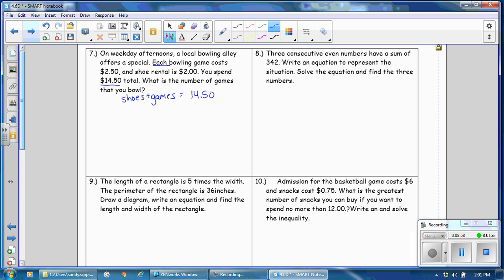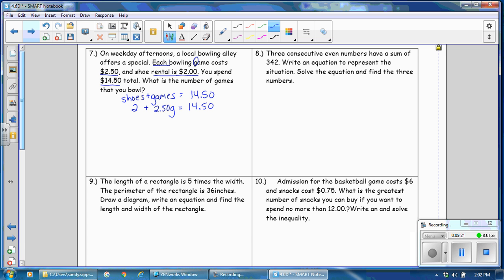Each game costs $2.50, but you don't know how many games you played. So let's use G for game, and that will be $2.50 times the number of games, 2.50G. Shoe rental is $2, and that's a constant because you use the same pair of shoes the whole time. There is no simplifying to do.